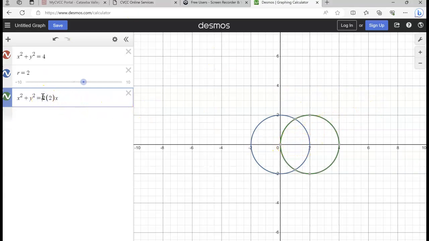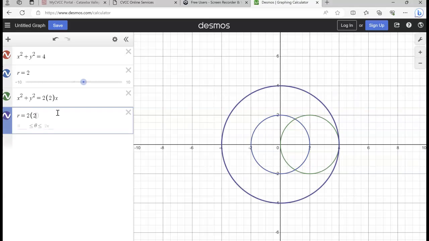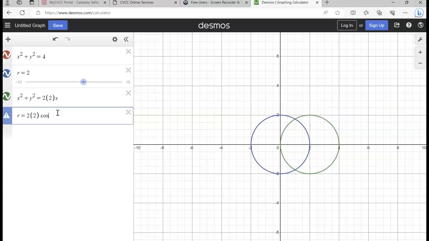And if this had been a -2 in front, it shifts it to the left. Then the polar form for that would be r equals 2 times a times cosine of theta. And you can see how that purple graph is identical to that green graph.